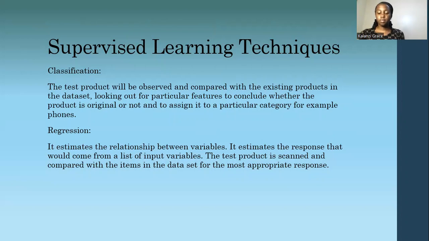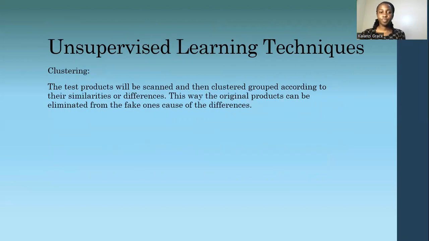It already has the sets of output that it can give, but it's estimating what best response can be associated with the test data that has been given. Then for unsupervised learning, we have clustering. The model looks at the test product as scanned and then clusters it into different groups, maybe according to their similarities or their differences.